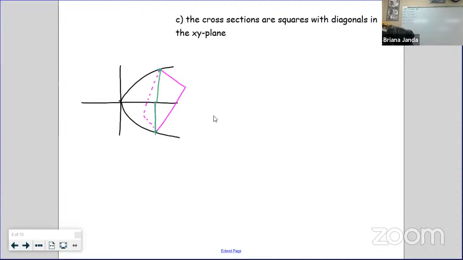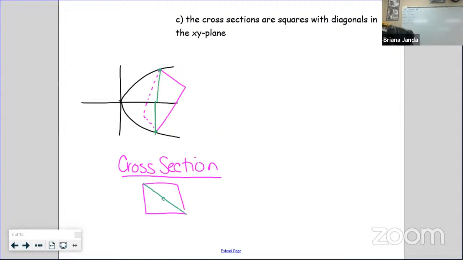So as I look closely at my cross section, what we actually know about this square is the diagonal. And this portion here would be half of our diagonal.